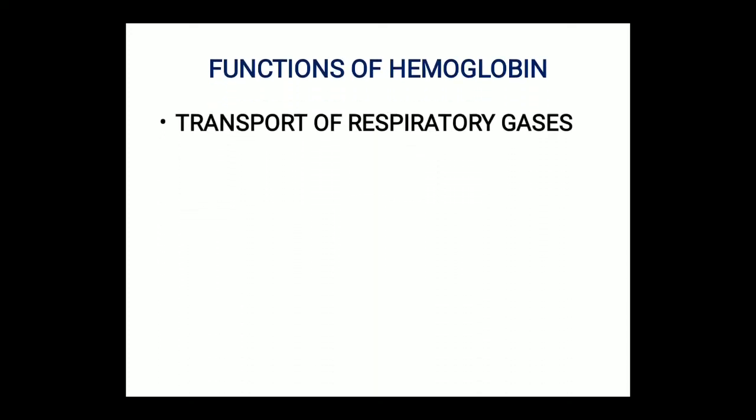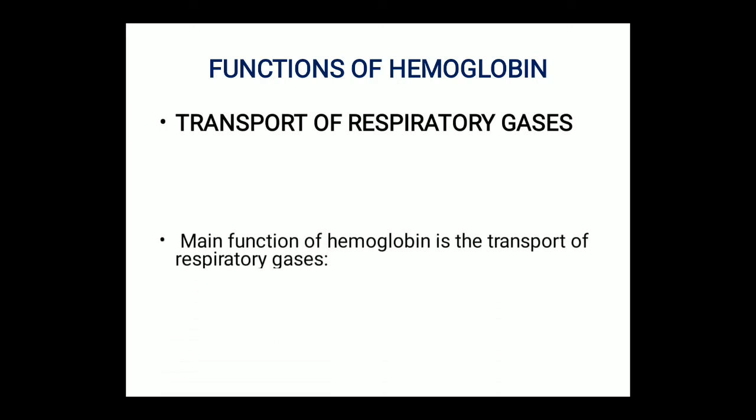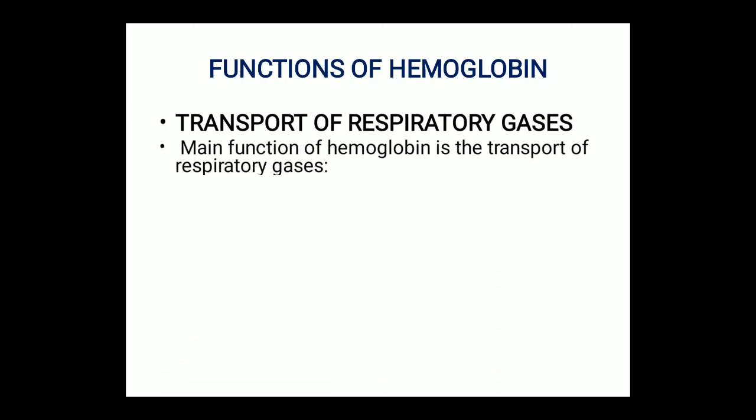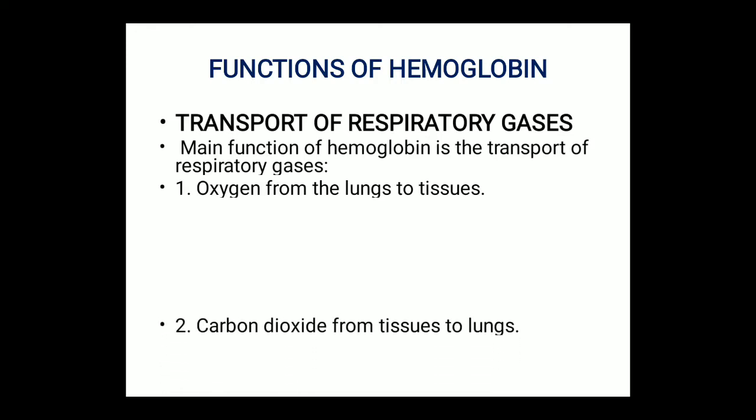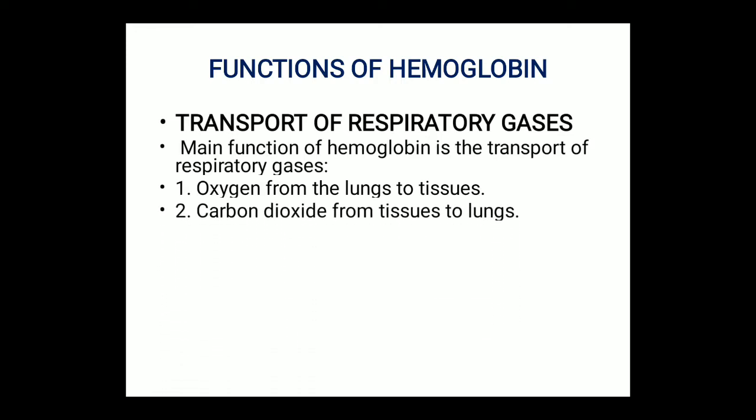Functions of hemoglobin. Transport of respiratory gases. The main function of hemoglobin is the transport of respiratory gases. First, oxygen from the lungs to tissues. Second, carbon dioxide from tissues to lungs. First, transport of oxygen.